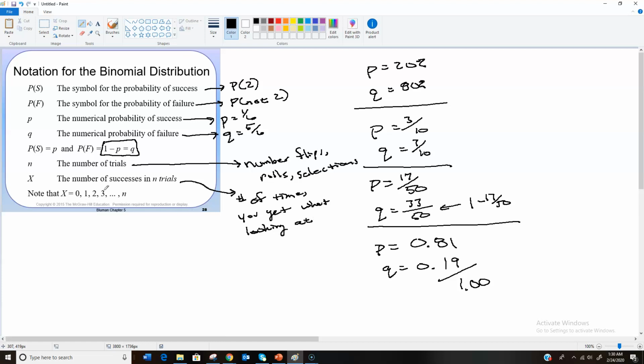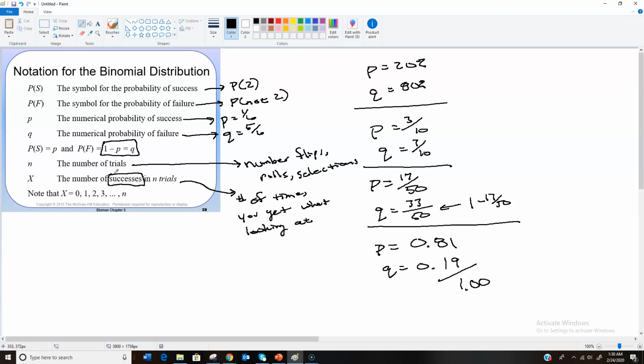One of the things that you have to remember or understand with a binomial distribution is that the number of successes are not necessarily positive. A success in a binomial distribution could be, say, you're looking to see what are the chances that 3 out of 10 people have had a family member diagnosed with cancer.